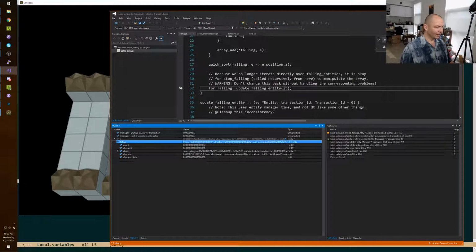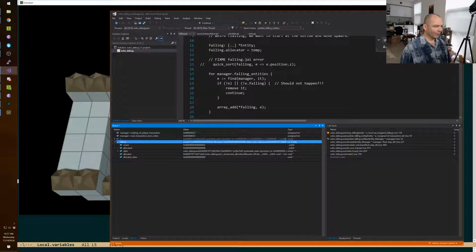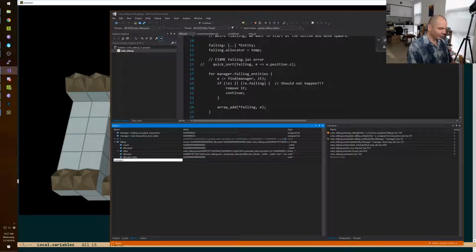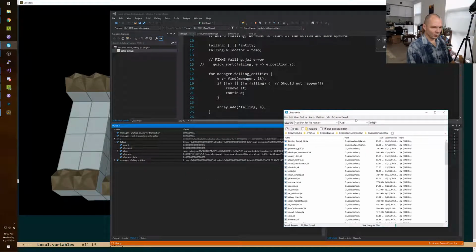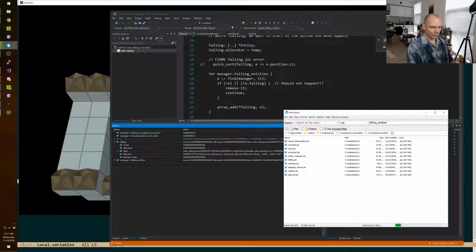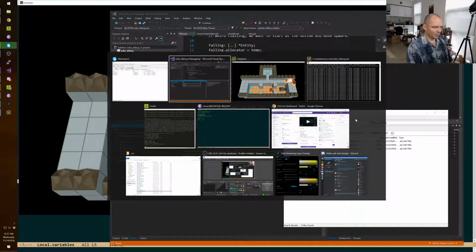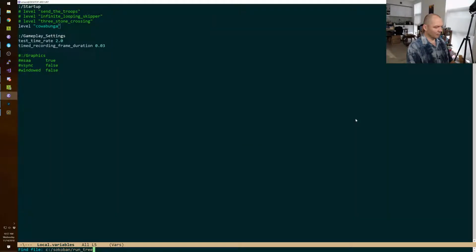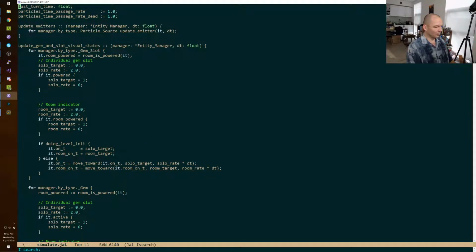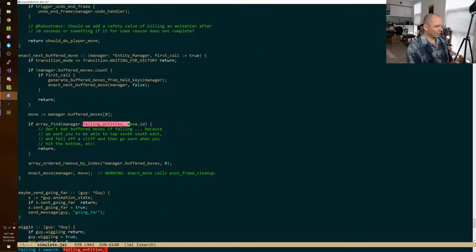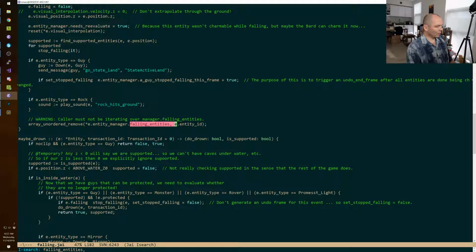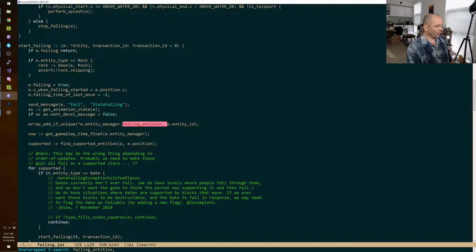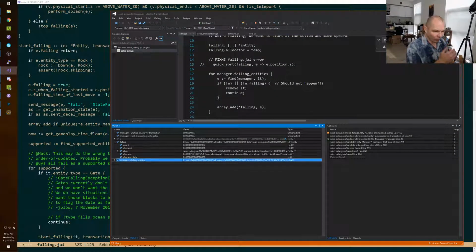What is going on? Okay. Start falling is the only thing that adds things to the falling entities array.